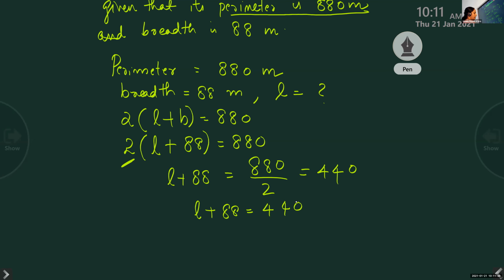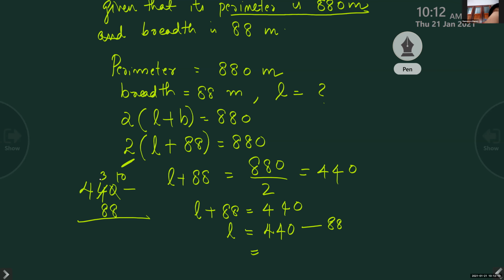Now how can you shift that plus 88? We need L, length only. So how will you shift 88 to the right side? Is it plus itself or minus? Minus. So 440 minus 88 is, find out fast. 440 minus 88.